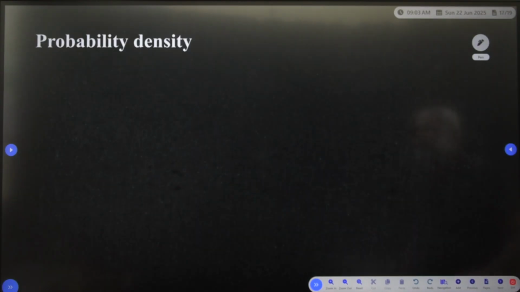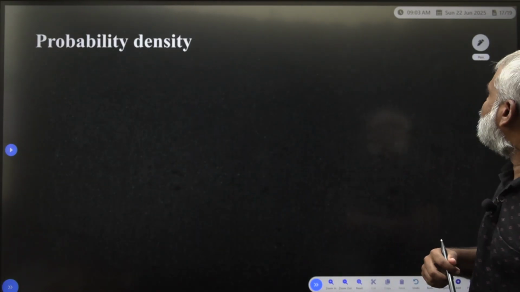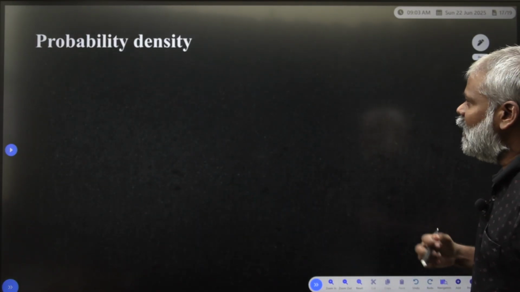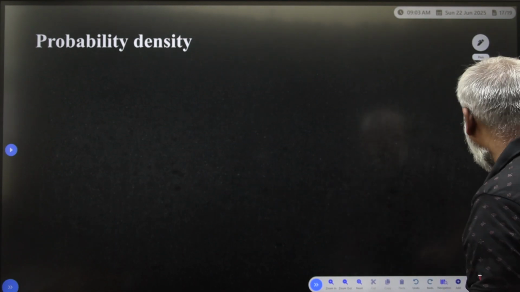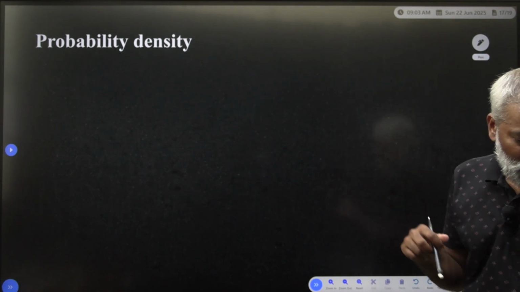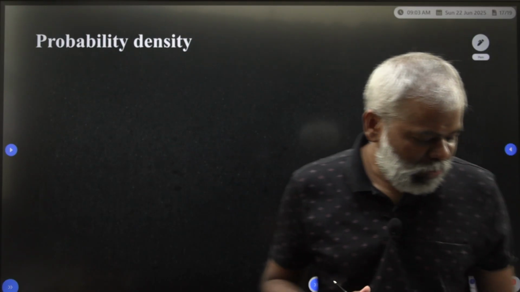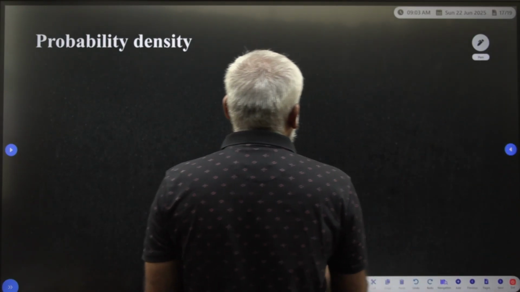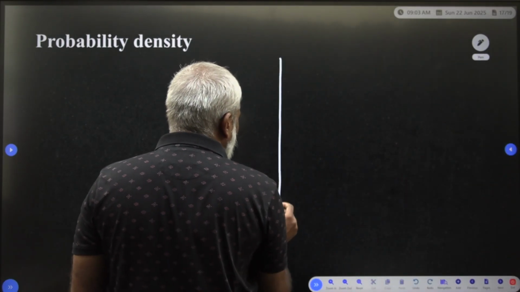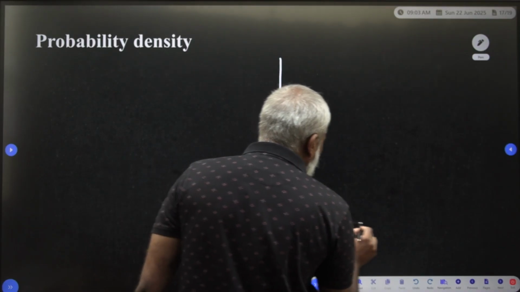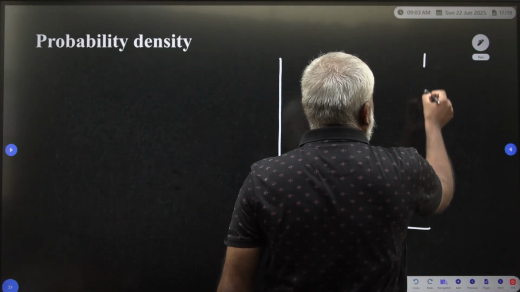Now, we need to calculate the probability density. Let us see how. I am going to give you the probability density curves.